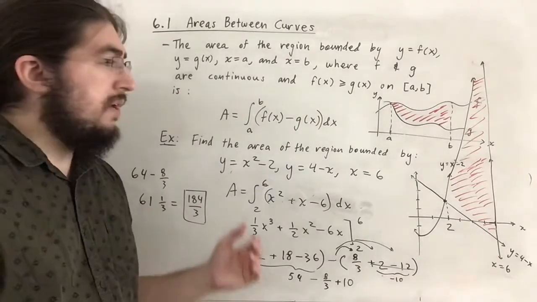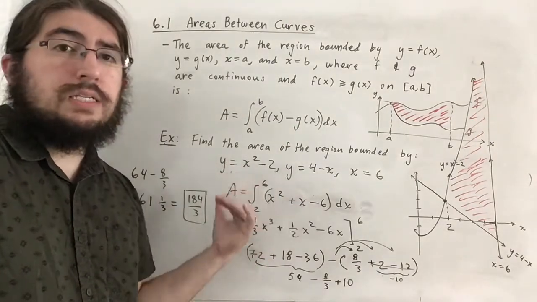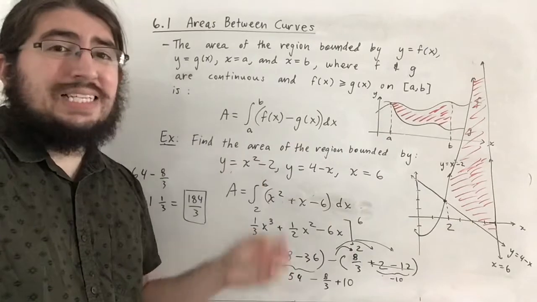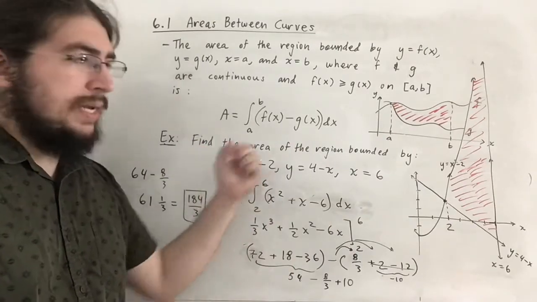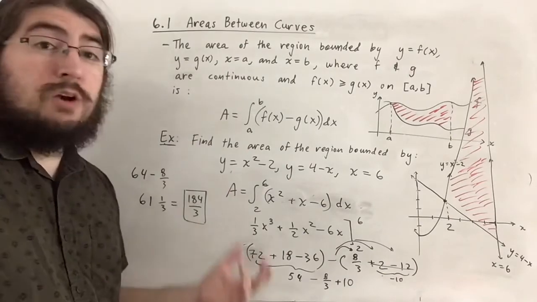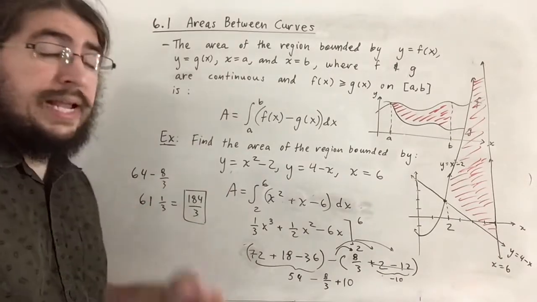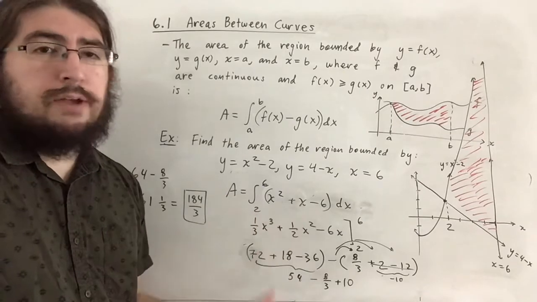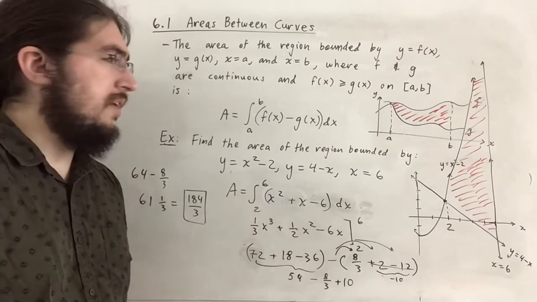So long story short, if you don't want to figure out which one's actually on top by graphing, you can just guess, do whichever one you guess was on top minus the other one that you guess was below. And if you got it wrong, you would know because your answer would come out negative. So in that case, you just know, okay, you guessed wrong, so make it positive by taking absolute value.